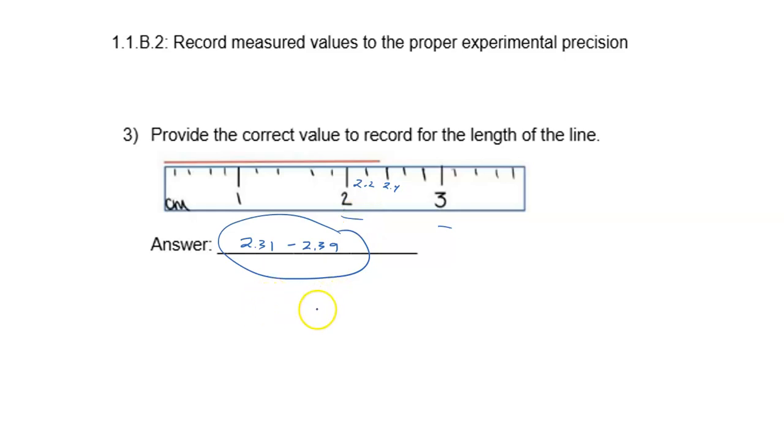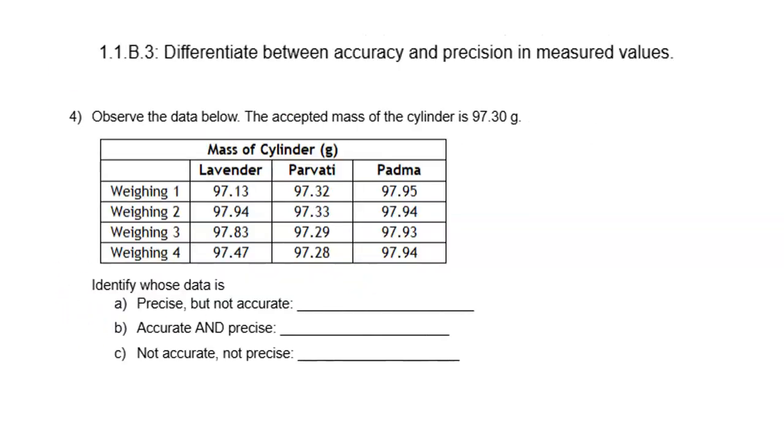I would probably go with something like 2.35, but we accepted anything a little bit above 2.3 and a little bit less than 2.4.